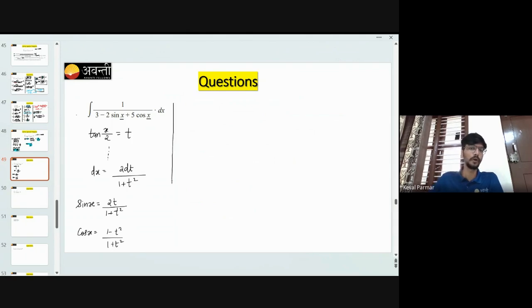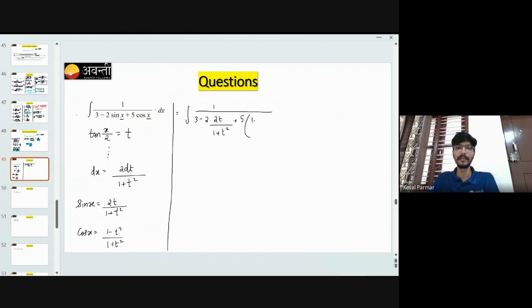Now, if I substitute all this in the question, my integral will be integration of 1 upon 3 minus 2, in place of sin x, I can write 2t upon 1 plus t square, plus 5, in place of cos x, I can write 1 minus t square upon 1 plus t square, into, in place of dx, I can write... Oh, I made a mistake. No, it is 2 dt upon 1 plus t square.